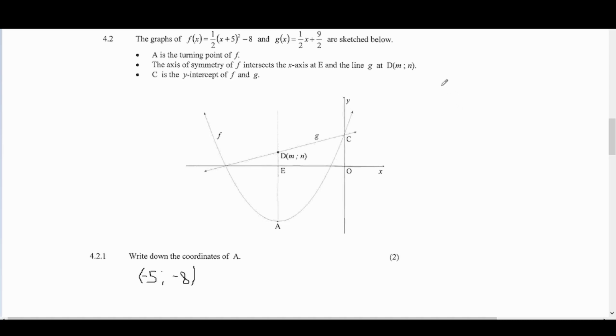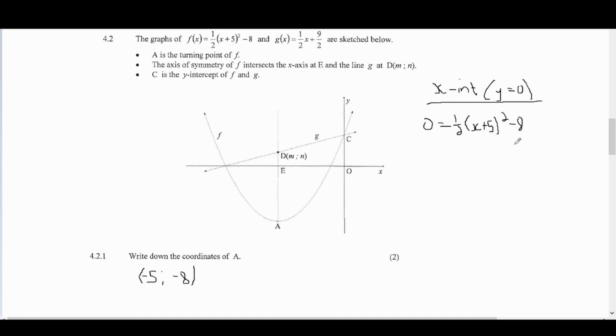This is for f of x, so where the x-intercept is, that's where y equals 0, so 0 equals a half (x plus 5) power 2 minus 8.